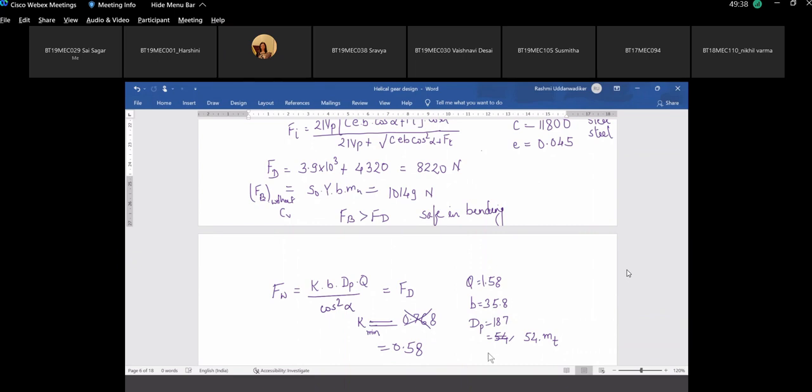Now for this minimum value of K, what is the next value available for 20-degree full depth? Material is steel versus steel. Next to 0.58, the next value is 0.721. And for K value as 0.721, what is the hardness?